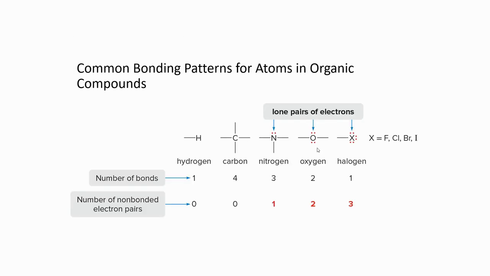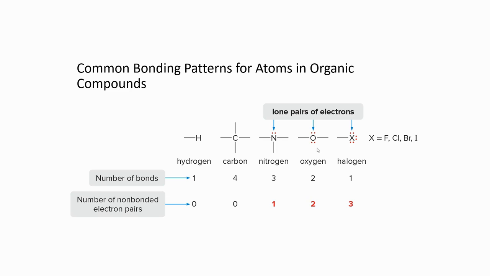Okay, so then you have this chart on your sheet, the note sheet that I handed out. So we have these different atoms, and we've talked about this before. They have different numbers of valence electrons, and that decides how many bonds they want to form.